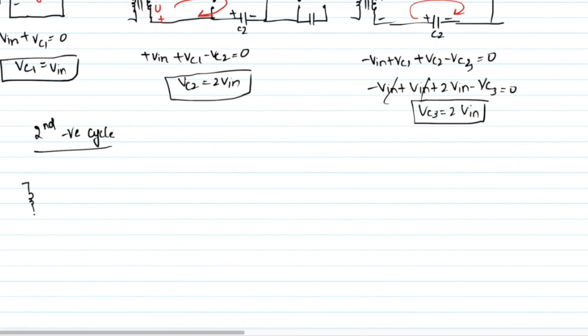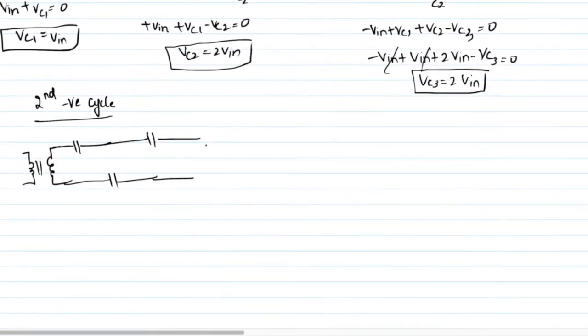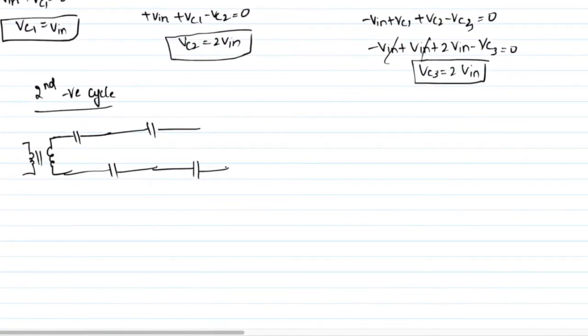The capacitor here is not working, so only the last capacitor and last diode are on. So I will close it.